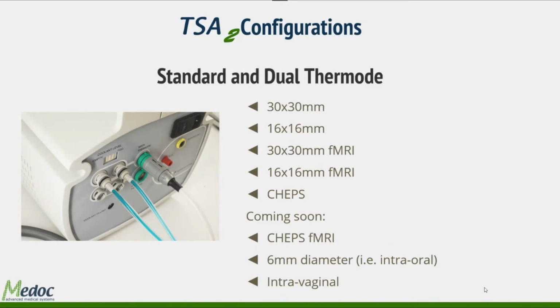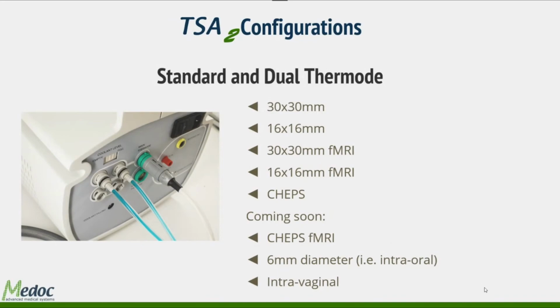And now, as I said, we very recently released the new CHEPS thermode, which connects to the same device and allows the capabilities that we will review: fast rates and a wide temperature range. We will very soon be releasing the fMRI version of it. We are already working on it.